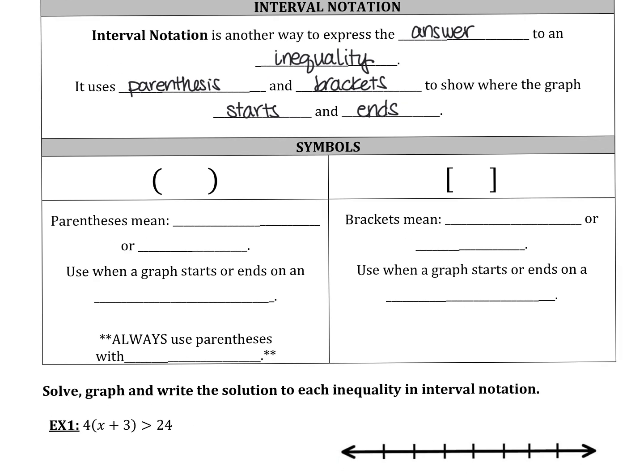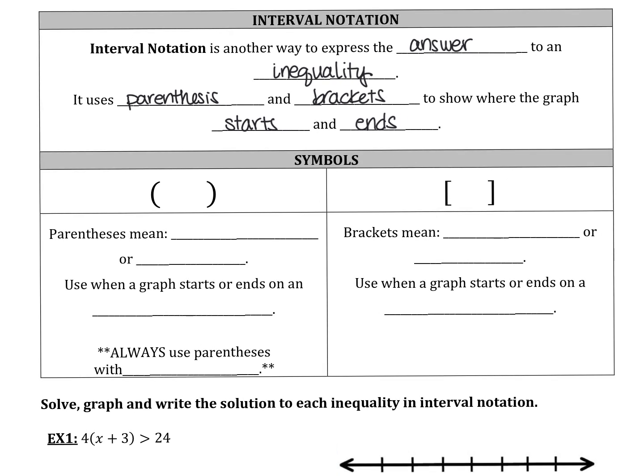So let's begin with the symbols. I said it's going to use either parentheses or brackets. Well, the parentheses mean that the value is not included. What do we remember about things that were not included when we dealt with inequalities before?